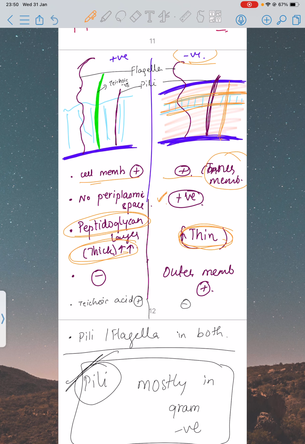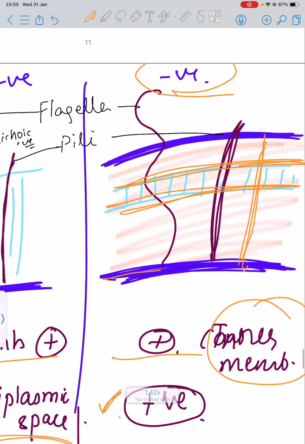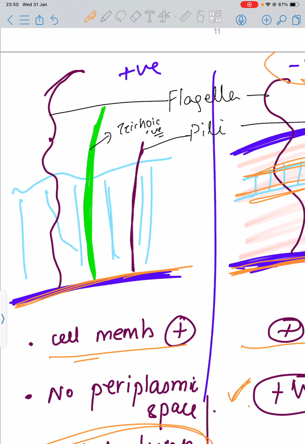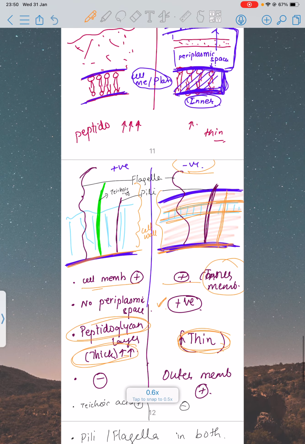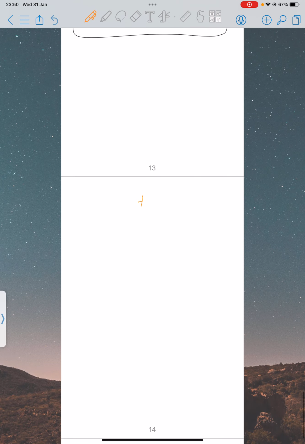Now what I'd like to add here is whatever you see outside this inner membrane or the plasma membrane, all these things come under the cell wall. Clear? So basically in case of gram positive, the cell wall is basically the peptidoglycan layer.